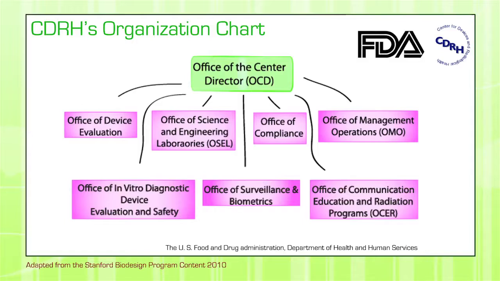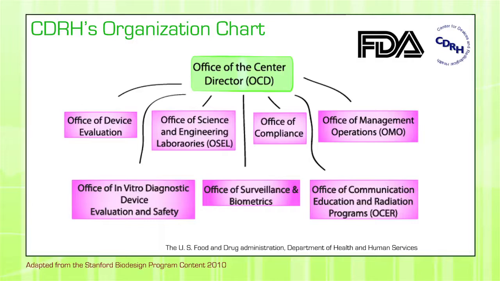First, there is the Office of Device Evaluation. Here is where all the medical devices, or most of them at least, are going to be determined. Then there is the Office of Science and Engineering Laboratories. This is where testing and experiment design is proved and analyzed throughout the agency.